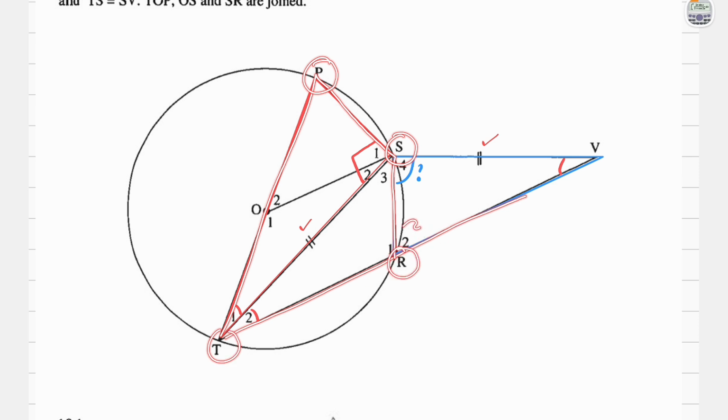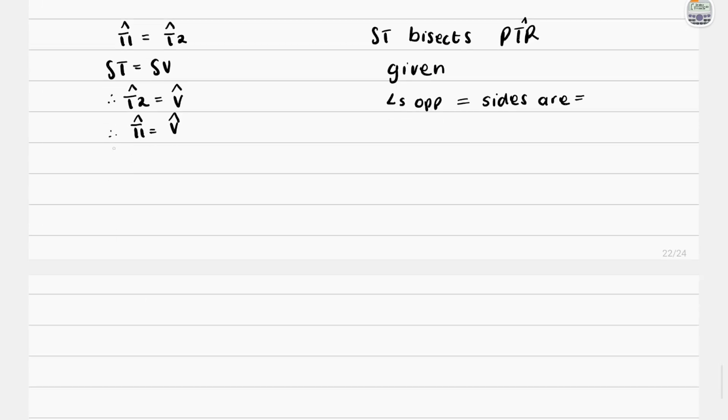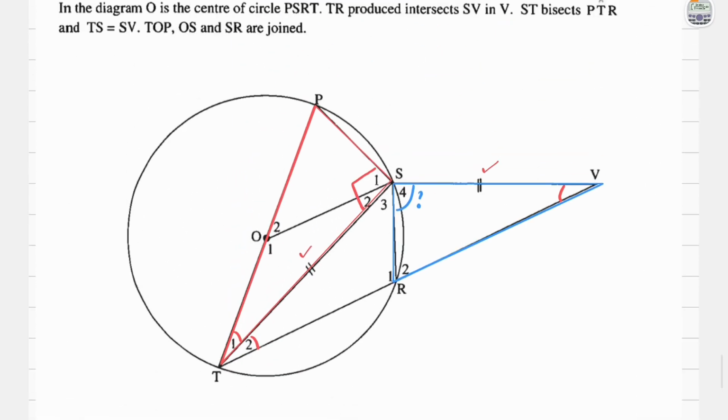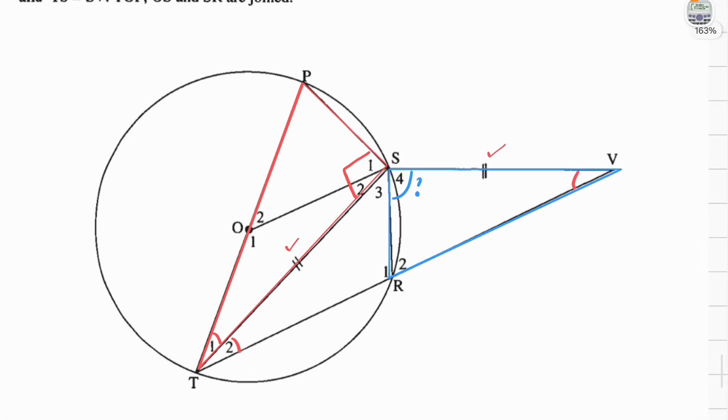So we can use this theorem where the exterior angle of a cyclic quad is equal to the opposite interior angle. You see how angle P is actually equal to angle R2. So we can tell them that angle P is equal to angle R2 because of the exterior angle of a cyclic quad. And because they are equal, see what we have just found.